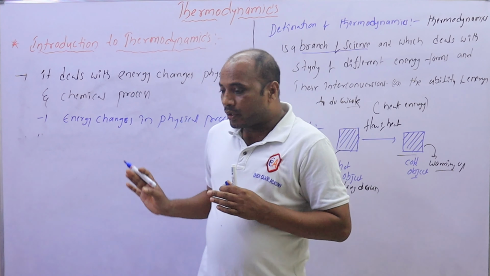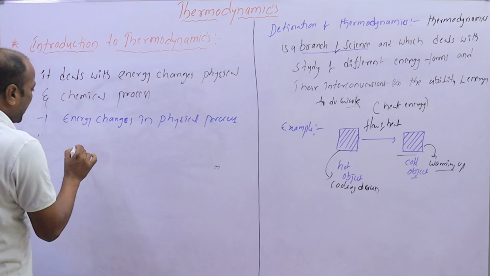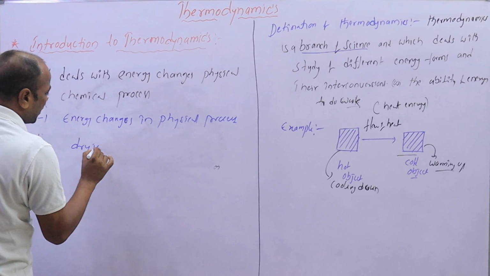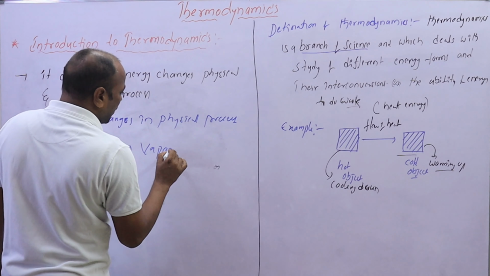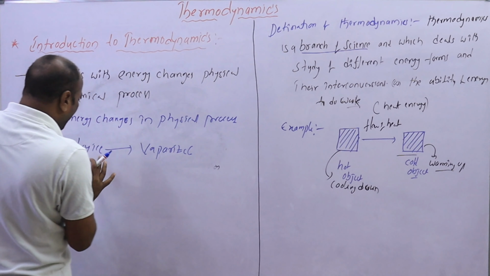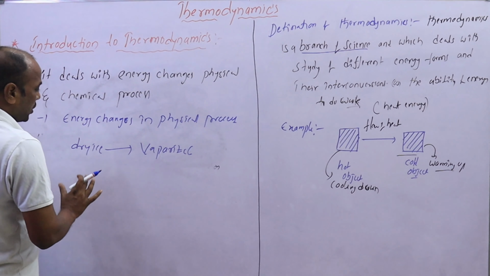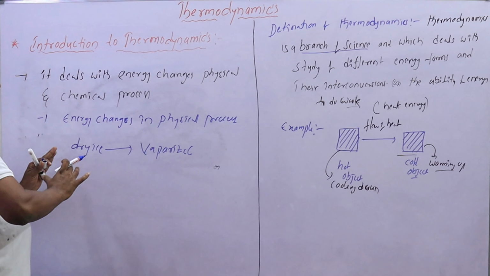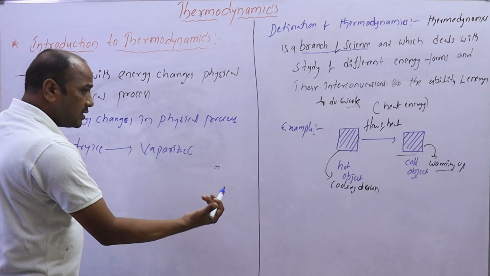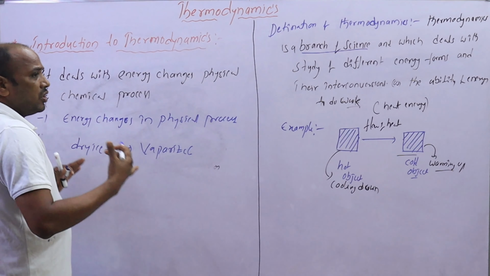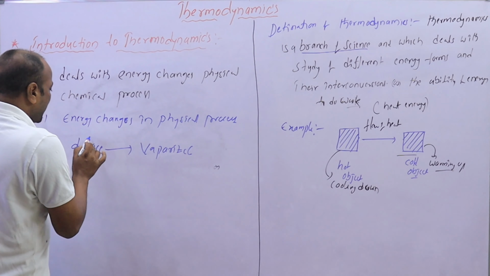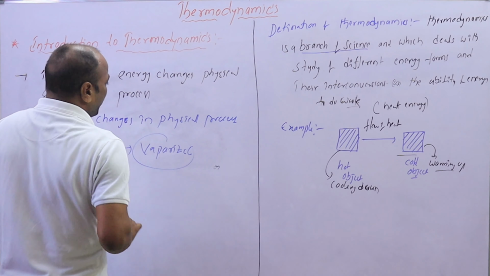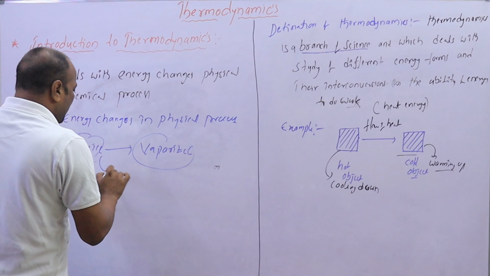The dry ice is converted to vapor, from one phase to another phase. So the object changes from one phase to another phase, and the change of energy is involved. So it is a physical change.